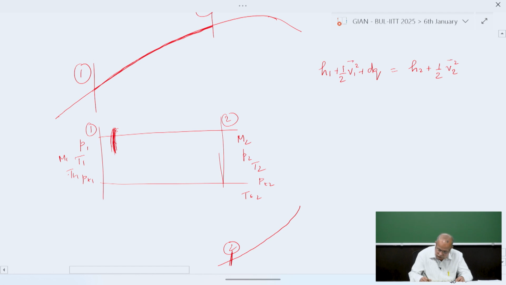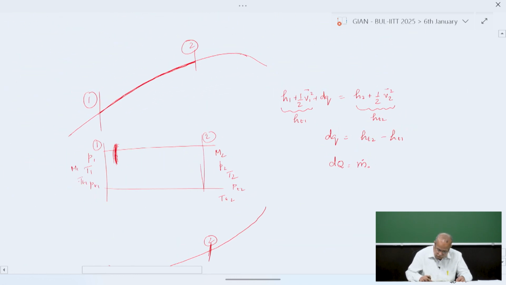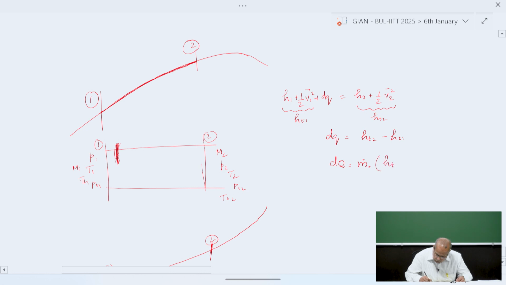All these velocities here, so this could be HT1. This is HT2. So we can write here dQ is equal to HT2 minus HT1. So I can write here Q is equal to the mass flow rate of the air that is entering times HT2 minus HT1.